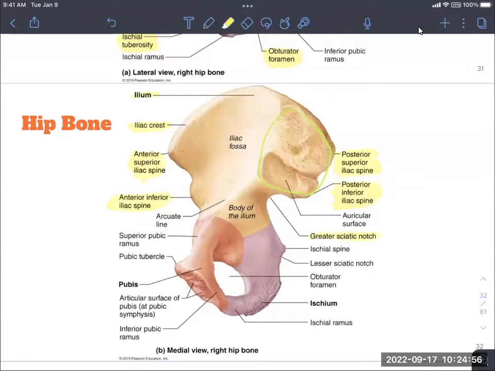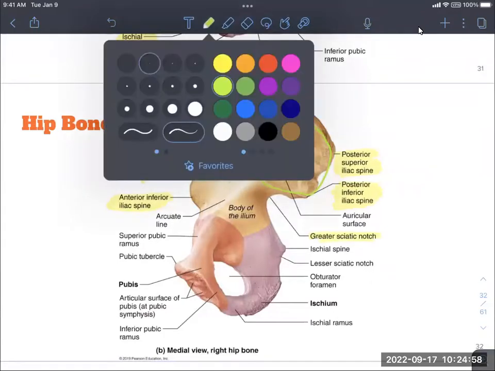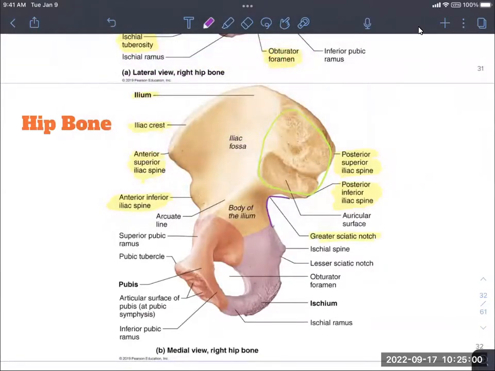We have that greater sciatic notch through here. That obturator foramen, there are actually muscles that go through that. I think those are the main things that are pointed out here. You do have the ischial tuberosity right here.